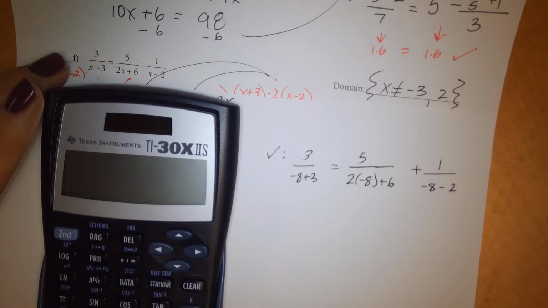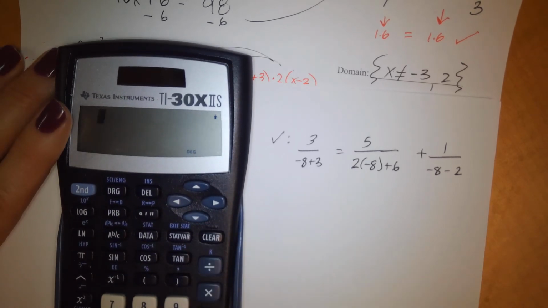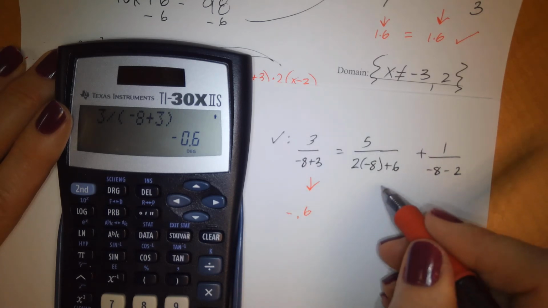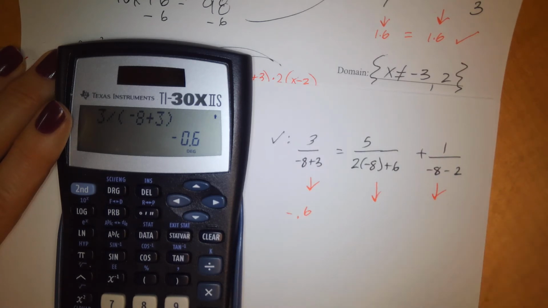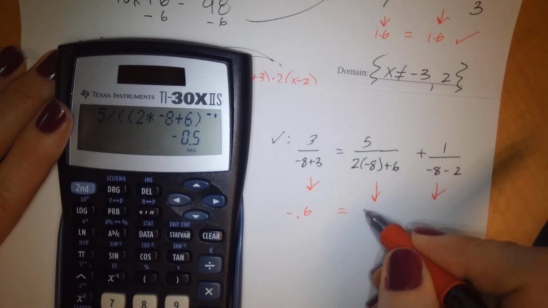Alright, so let's check the left side. The left side here is 3 divided by negative 8 plus 3, and you're going to get negative 0.6. On the right side, we're going to get 5 divided by 2 times negative 8 plus 6, which is negative 0.5.